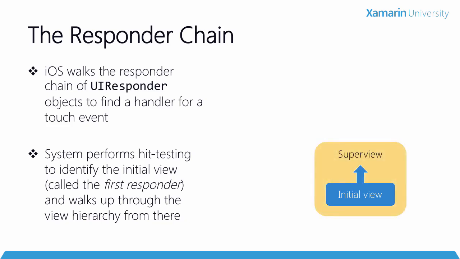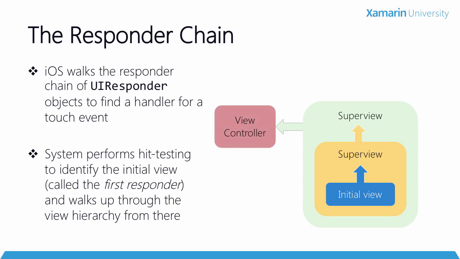Because the initial view is not the topmost view in its view controller's hierarchy. Now the super view attempts to handle the event, and if it doesn't handle the event, it will pass the event to its super view, again, because it's still not the topmost view. The topmost view now gets a turn to handle the event, and if it doesn't, it will pass the event on to its view controller.